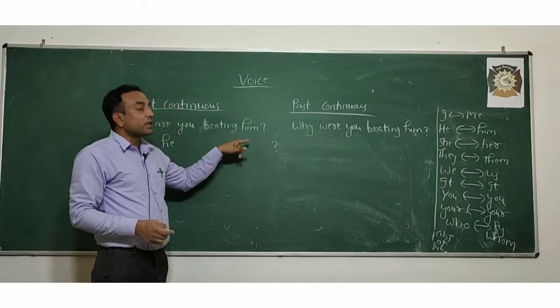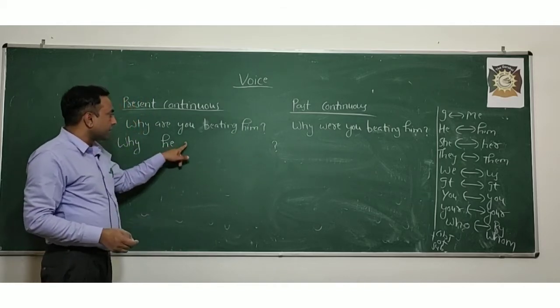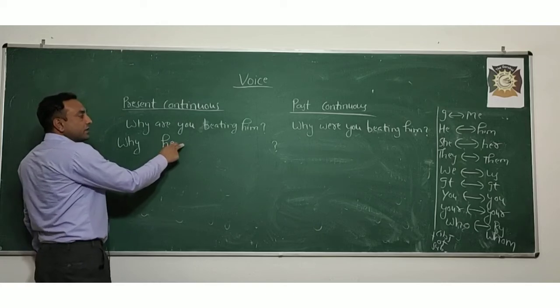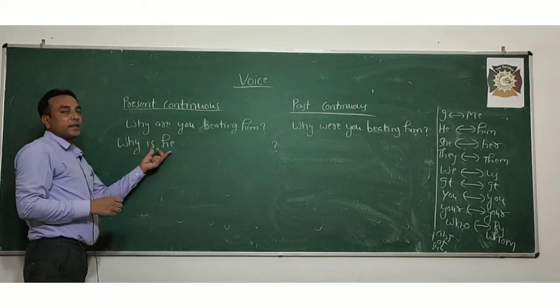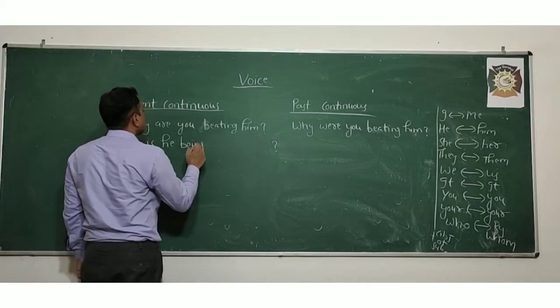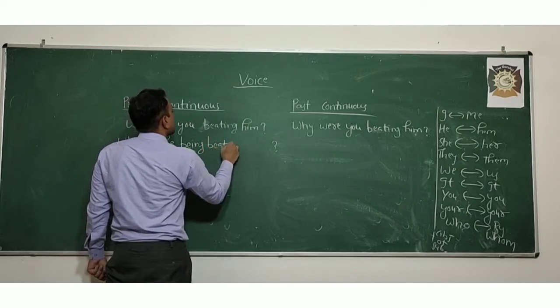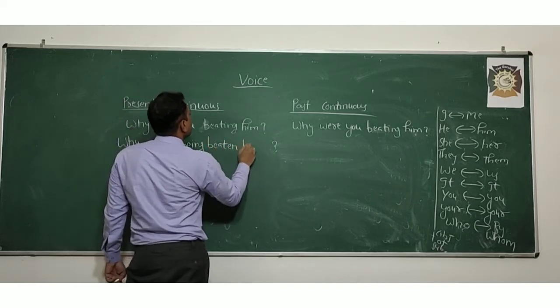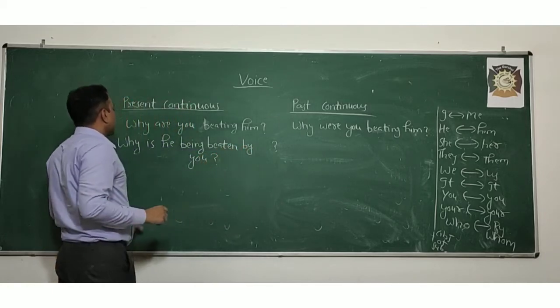When a sentence becomes interrogative, the helping verb comes before the subject. If we use is here, he is, then why is he? After that, being: why is he being beaten? Why is he being beaten by you?